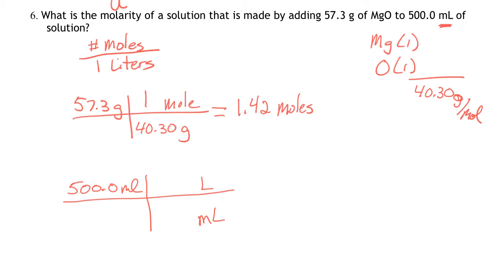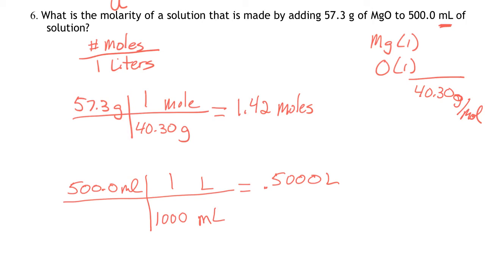A liter is 1,000 milliliters. So we're going to put that in the calculator, and the answer you're going to get is 0.5000. Now, I got to leave those zeros there because that gives me my significant figures.